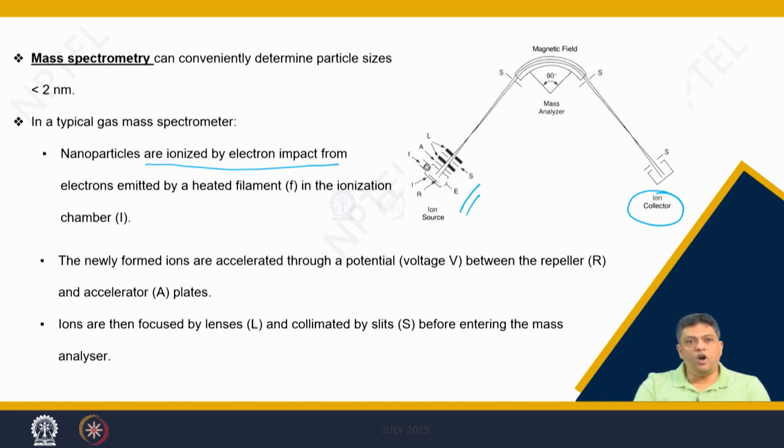The newly formed ions are accelerated through the potential V between the repeller R and accelerator A plates. Ions are focused by lenses L and collimated by slits S before entering the mass analyzer.